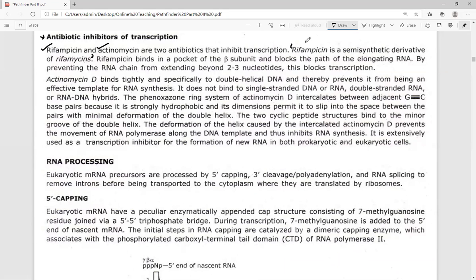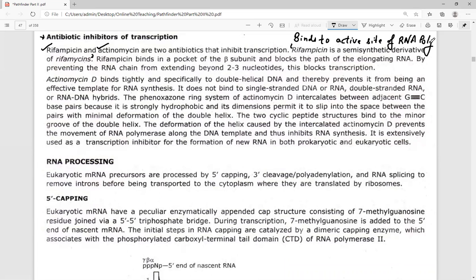It will bind to the active site of the RNA polymerase.